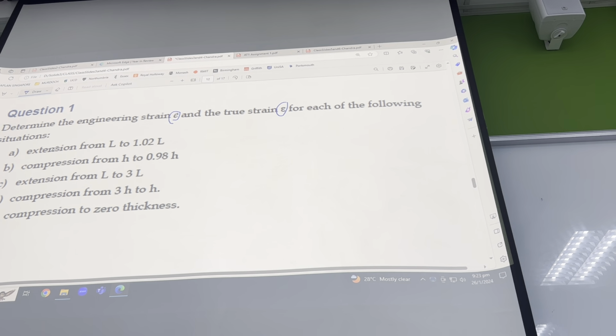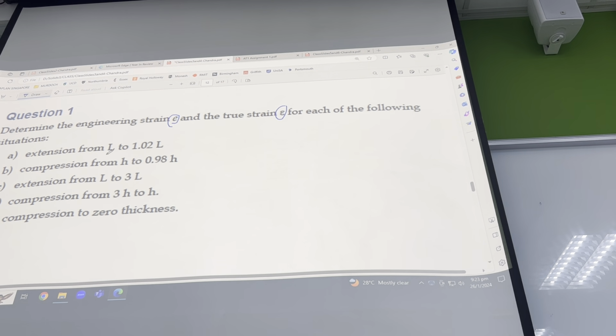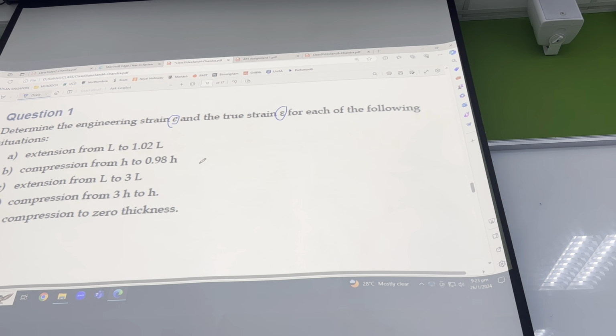So when it is an extension from L to 1.02 L, the engineering strain E can be, so this is the final length.